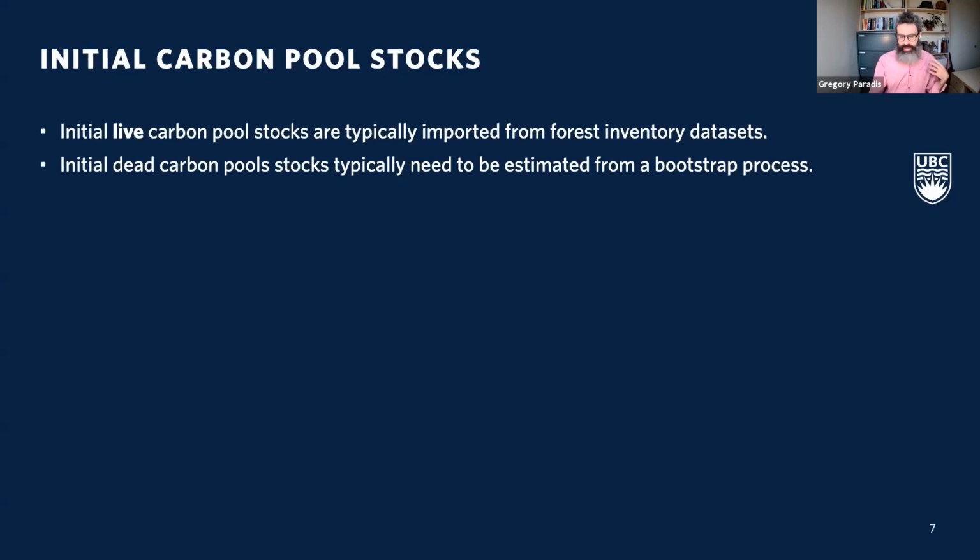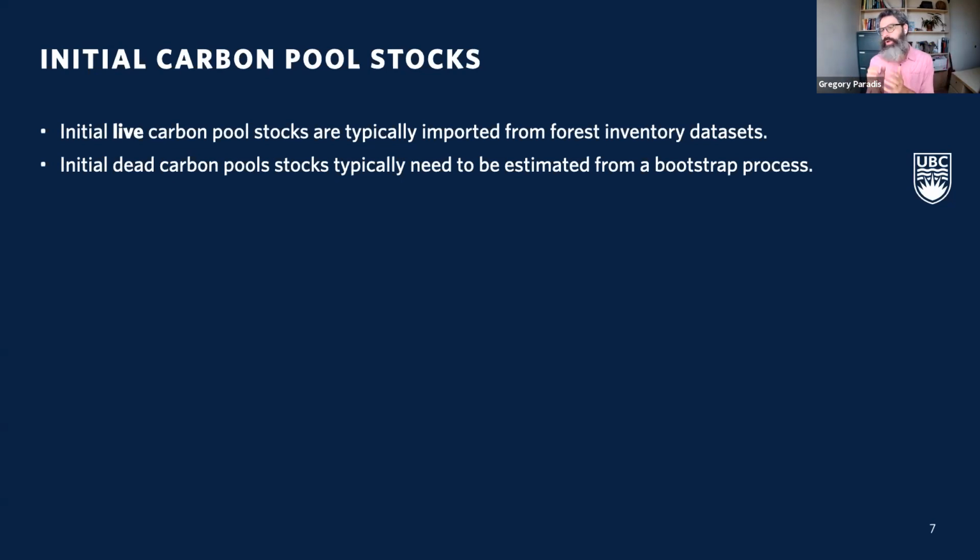So initial carbon pool stocks in this model for the live carbon are relatively easy. They're directly imported from forest resource inventory data, which is typically collected and compiled by provincial governments. And the dead carbon pool stocks need to be estimated from a bootstrap initialization process, where they basically run the model for thousands of years with some hypotheses about the rates of natural disturbances and such, but no harvesting.